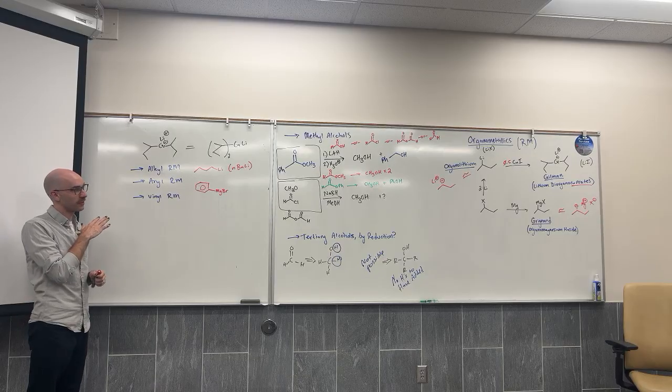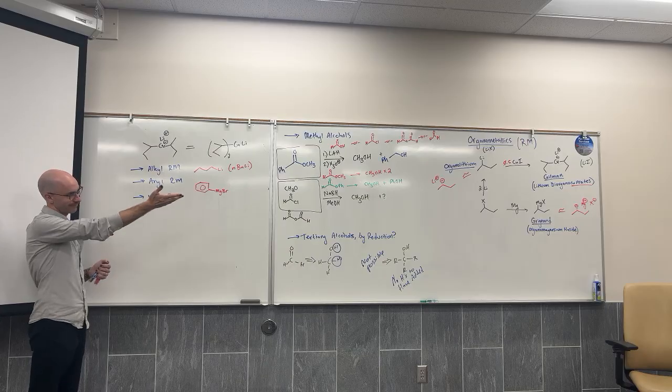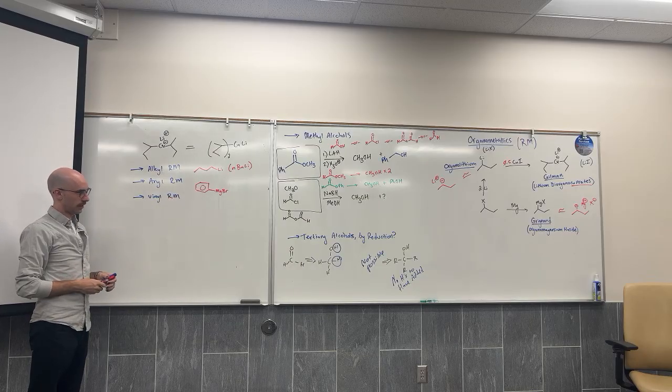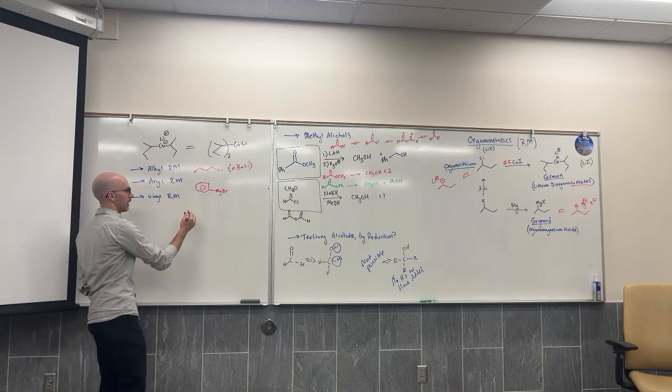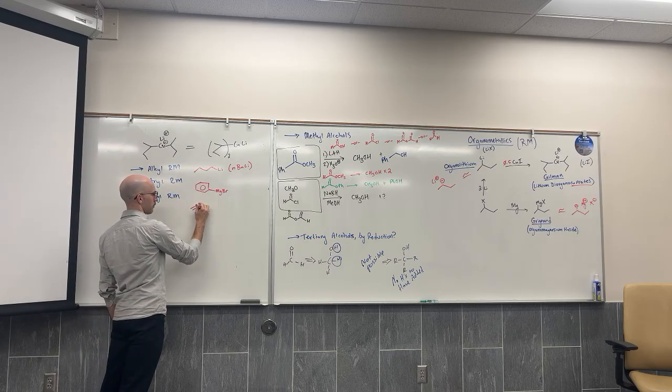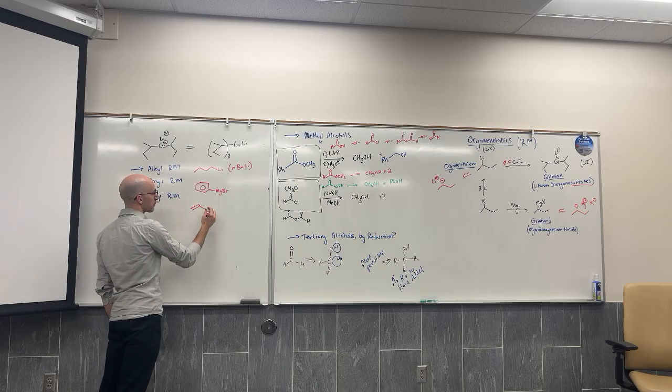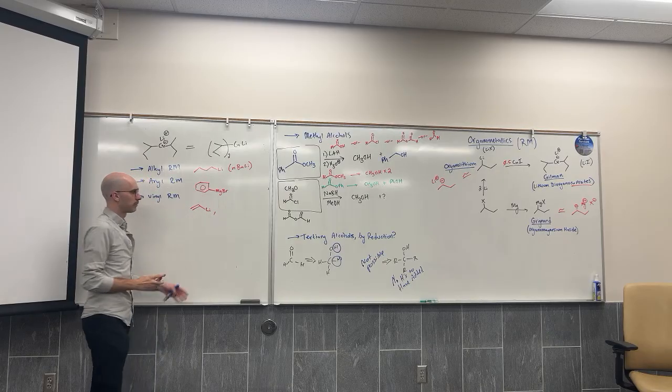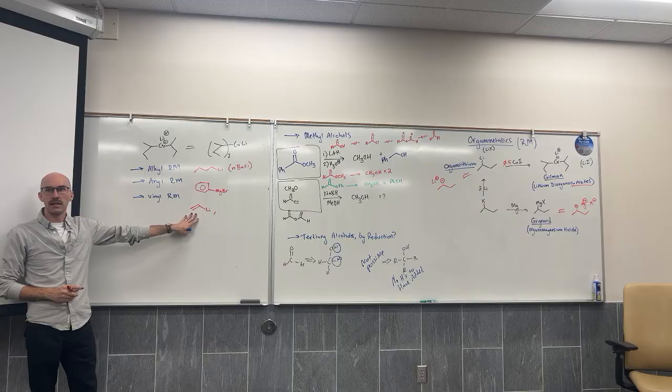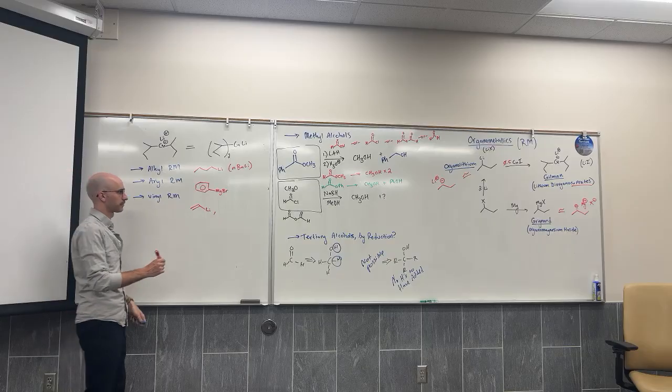I'm feeling like I should have given more displays of how this is made, but I feel like it's obvious. You just apply the arrow across it. Vinyl Grignard is, I want to show more than one example, but here's an alkene chain connected to my organometallic.